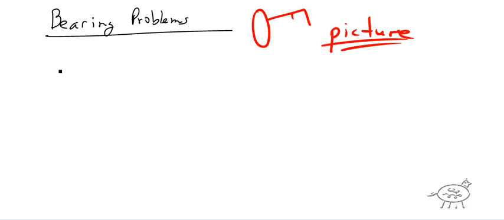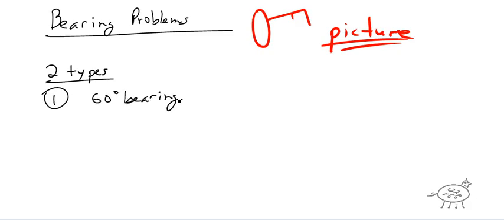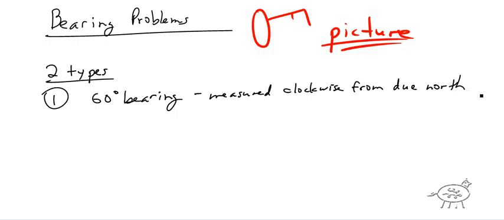Really there are two types of bearing. The first: if I say it's a 60-degree bearing, it's measured clockwise from due north, north being straight up.